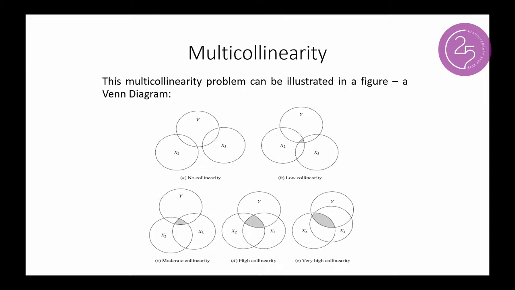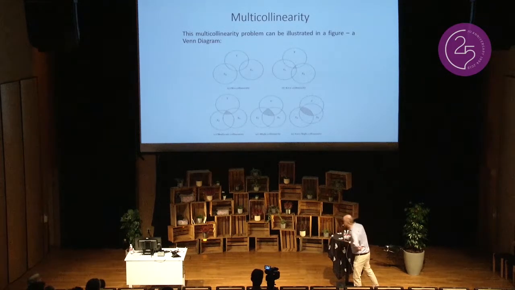where in the first one here, we have no multicollinearity, no collinearity at all, actually. Here we have Y, which could be energy usage. We can have X2, which is income. So this part, then, is a part of the energy usage that our variable income explains.